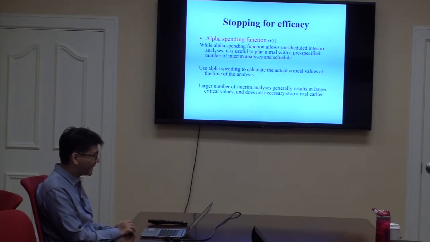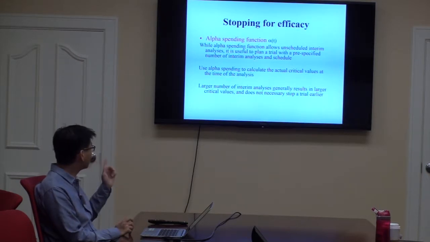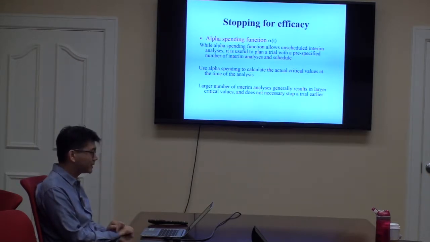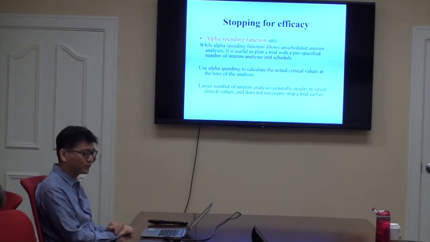So let me see what else. This is something that I think I've gone through. While flexibility is a double-edged sword, it's good and it gives you some comfort. But you do want to plan, even though you have some flexibility.